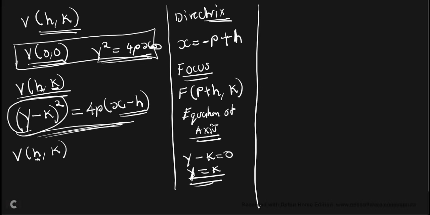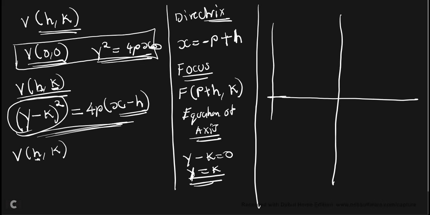How will the graph for this look? If you look, your directrix is negative p plus h, still on this side. If it was numbers, it would show that it is this side. How about your vertex?